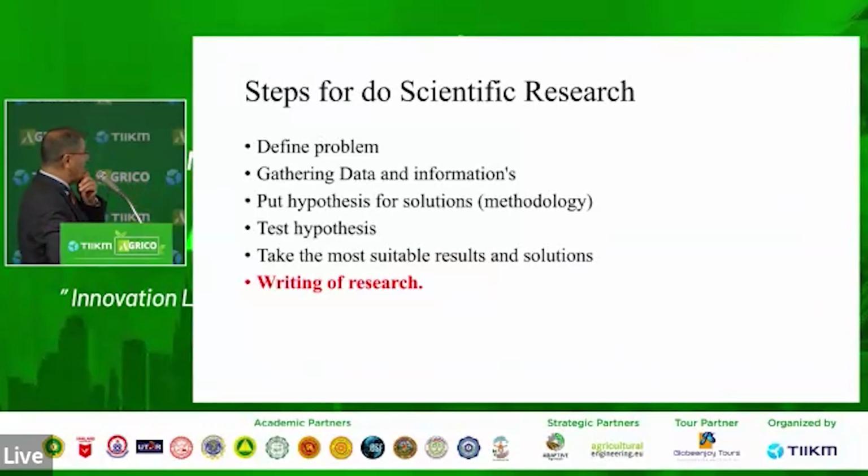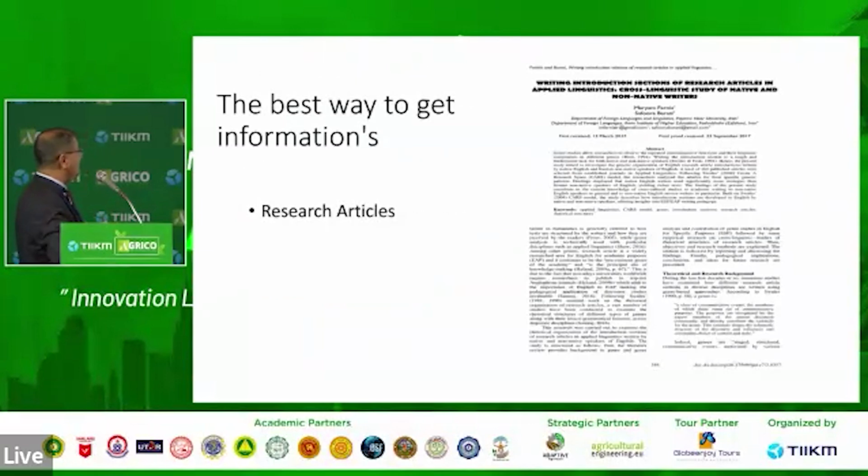At the very beginning, we have to define our problem and gather the data and information. We have to build the hypothesis of our paper or work, test the hypothesis, and then take the most suitable results and solutions, ending with writing up the research.